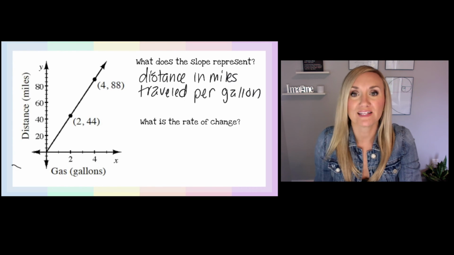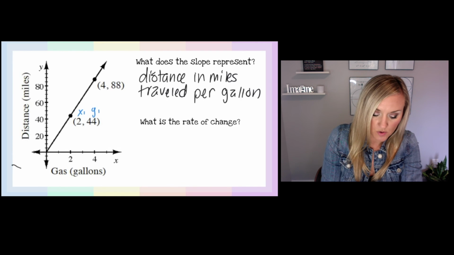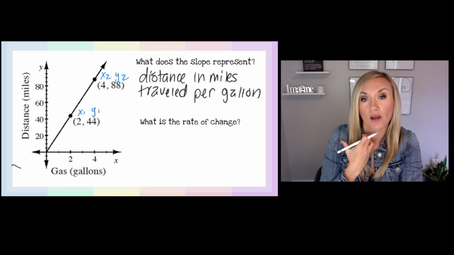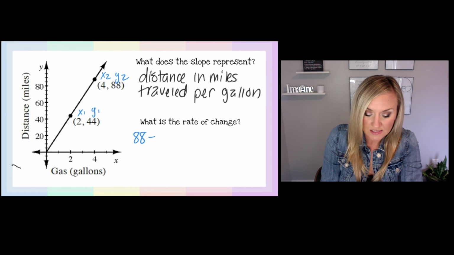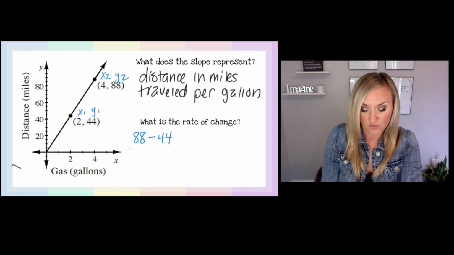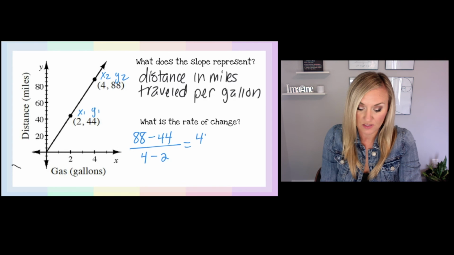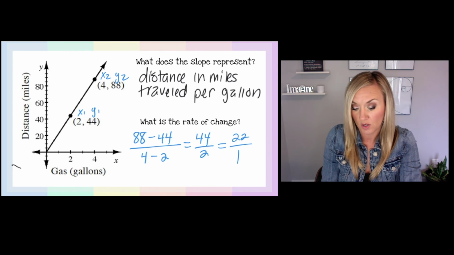Okay, so let's find the rate of change. So I am going to choose x1, y1, x2, y2, and it doesn't matter if you chose the other points to be x1 and y1, we'll still get the same answer. So y2 is 88 minus y1 is 44 over x2 is 4 minus 2, and we have 44 over 2, which is 22 over 1.